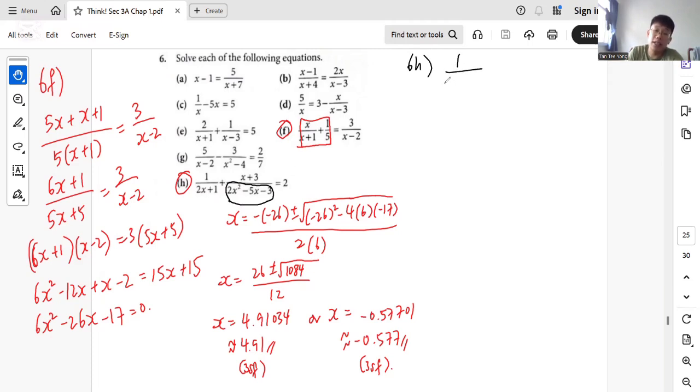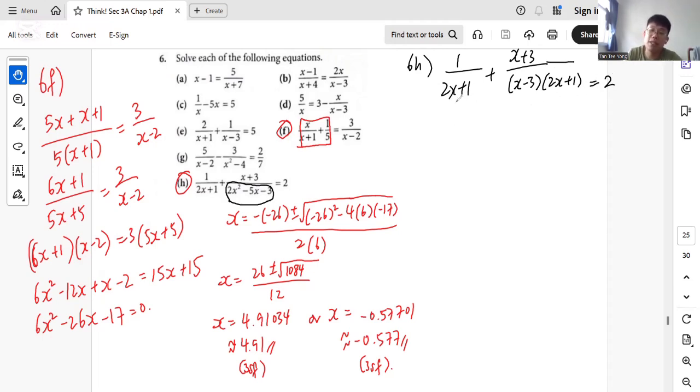When I try to factorize this, it will be (x minus 3) and then (2x plus 1) equals 2, but you know what I mean.